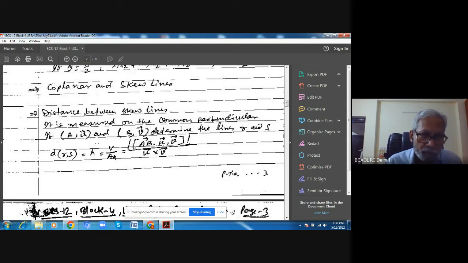One line is there, and because we are talking about lines, this is a vector U. Another point is B, another line, combined with another vector V. So U and V. How do you determine the distance between the lines R and S?